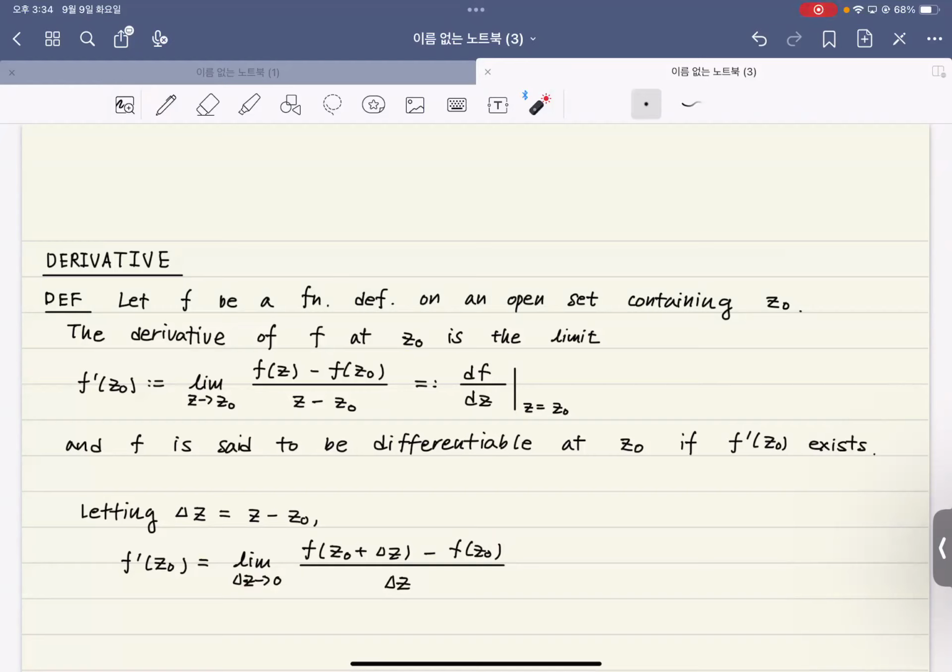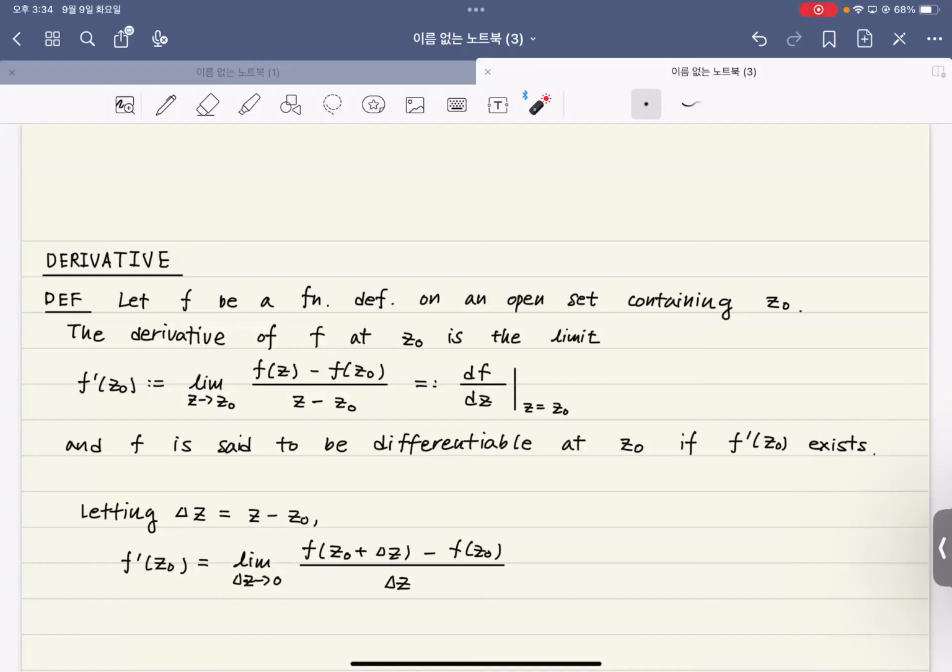Okay, all right. As you can see from this definition, there is actually no difference between the derivative of the real valued function and the derivative of the complex valued function. Exactly the same thing. But you will soon realize that there is a huge difference between the real derivative and the complex derivative. The complex derivative is actually a more strict version of the real derivative.